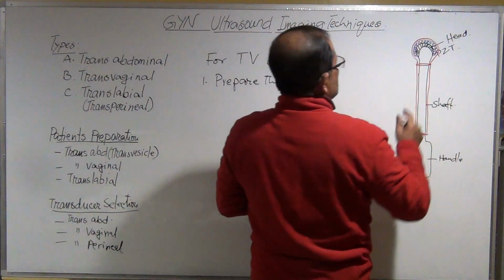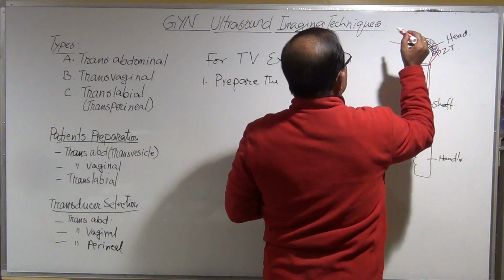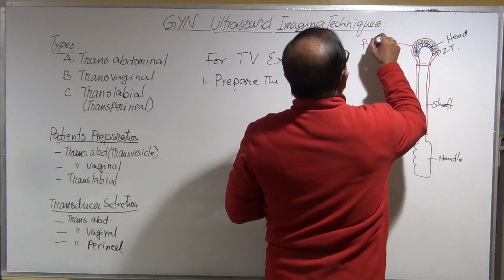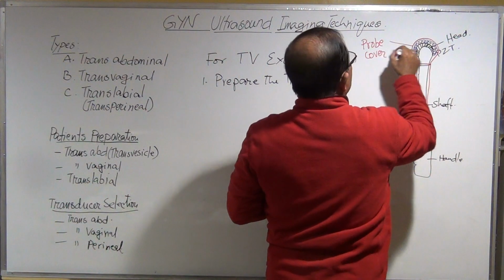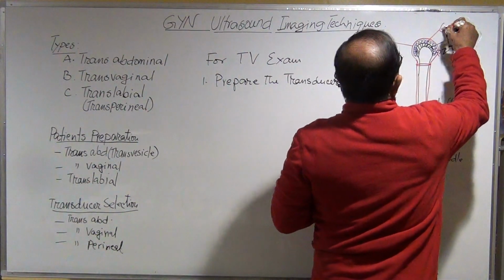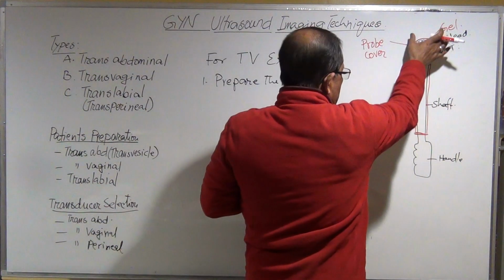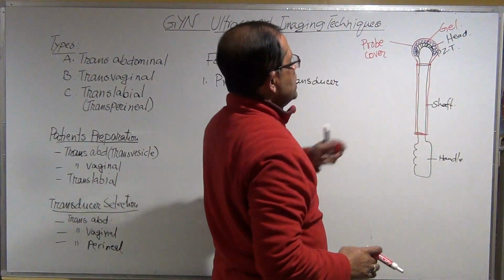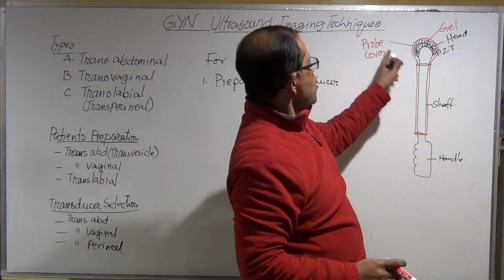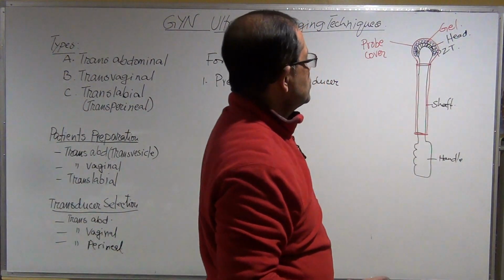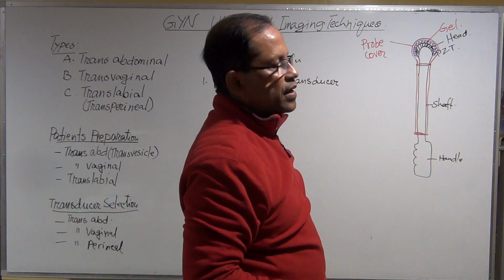Okay, so this is the probe cover. This is gel. And now stretch so that there is no air in between the probe cover and the head of the transducer. That is the crystal. There is no air.